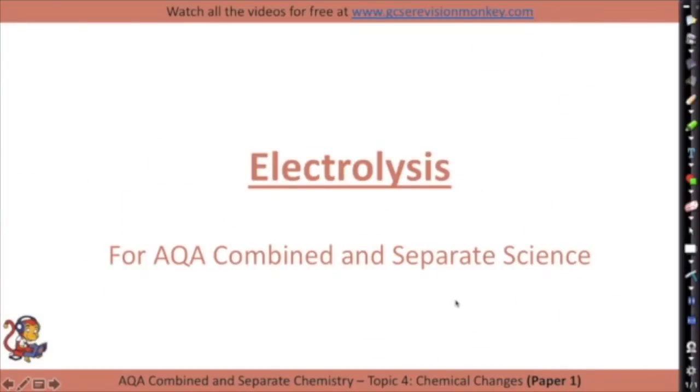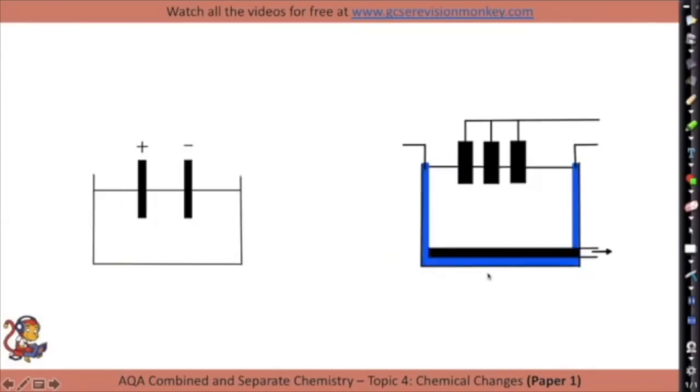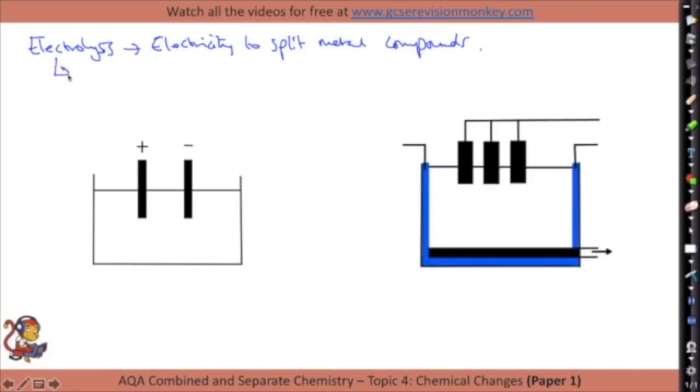Another process in which you can extract metals is called electrolysis. Electrolysis uses electricity to split up compounds. So electrolysis uses electricity to split metal compounds. But the trouble with electrolysis is it uses a lot of energy because of the electricity needed, and therefore it is very expensive.